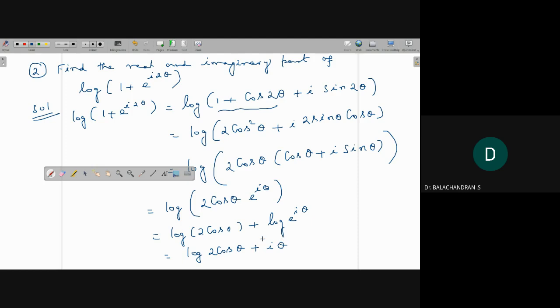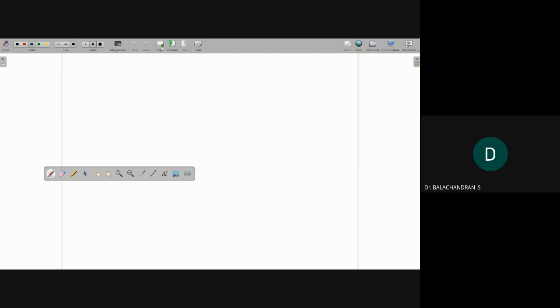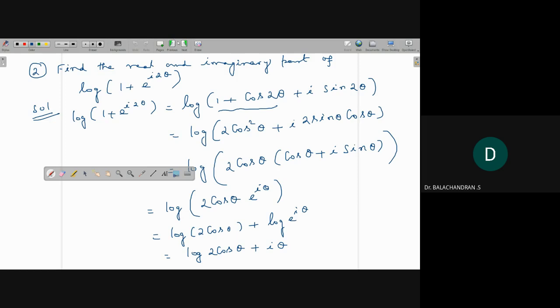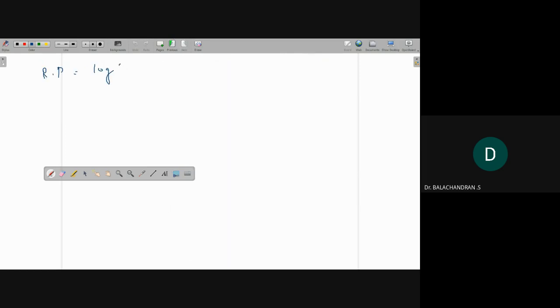So now what is the real part? Real part is log of 2 cos theta and imaginary part is what? Theta. So real part is equal to log 2 cos theta and imaginary part equal to just theta.